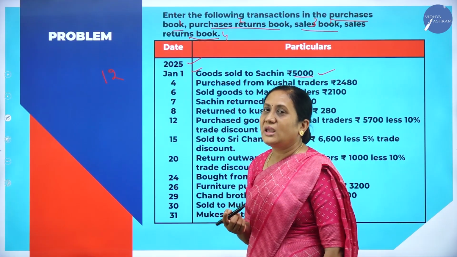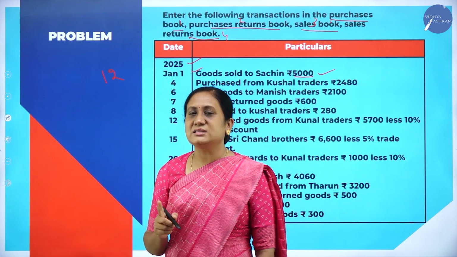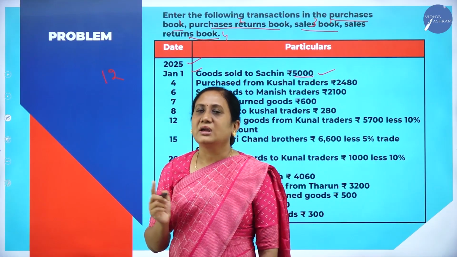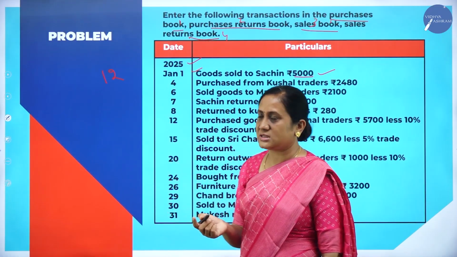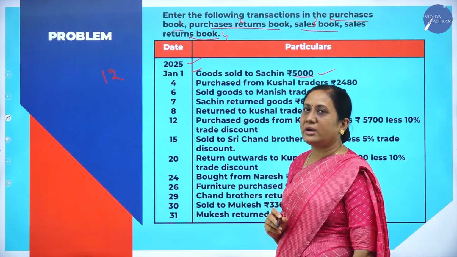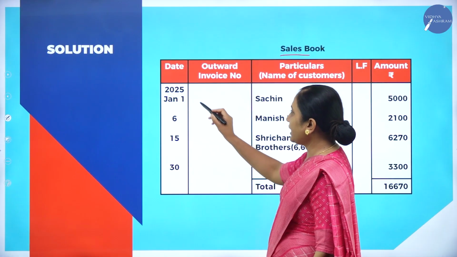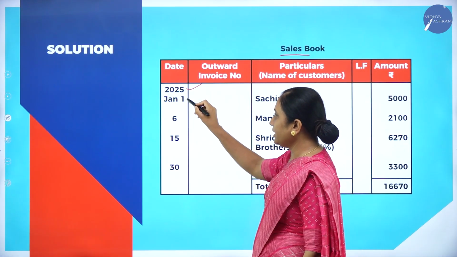Goods sold. Any sales will go to the sales book, credit sales only. Credit purchases will go to the purchases book. So since it is a sale, it has to be recorded in the subsidiary book called the sales book. We will write the date here, 2025 Jan 1.